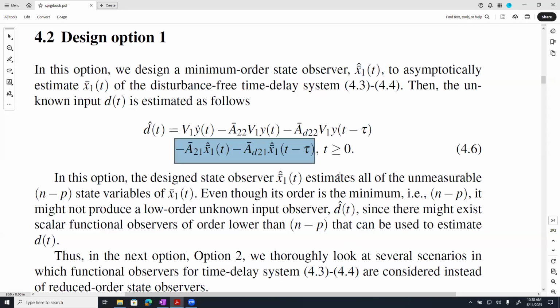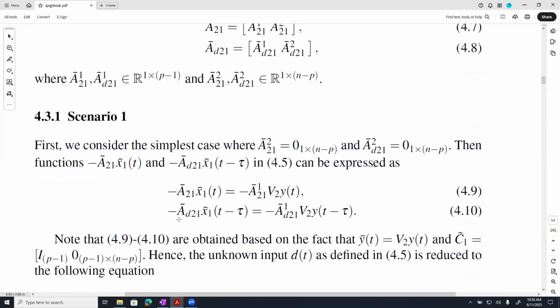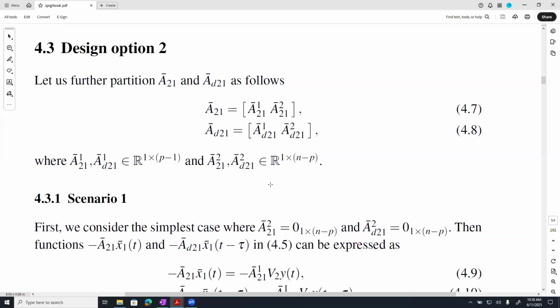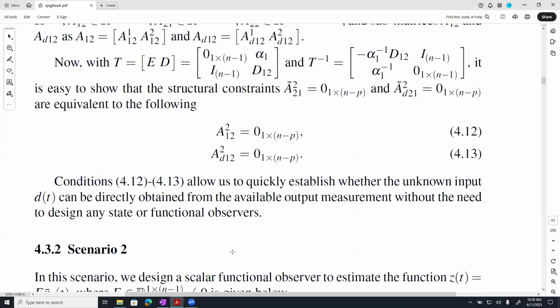As I said before, this is not a very good option. And then the other option is basically exploring the structure of the sub matrices. At the time, the tool for us was only estimation of the state vector or a linear function of the state vector without any delay state vector in there.